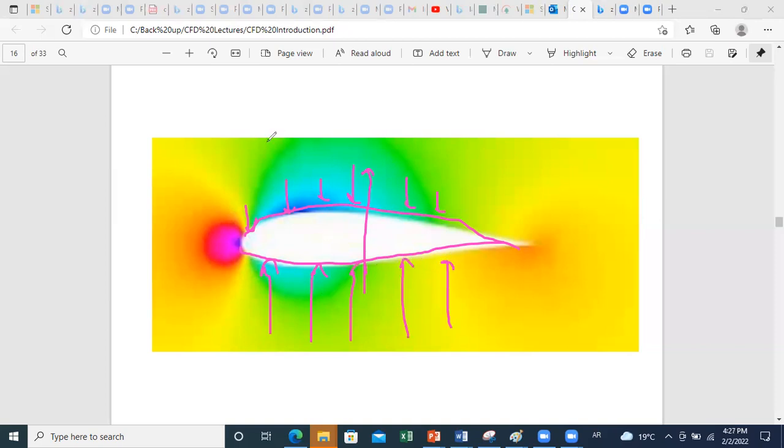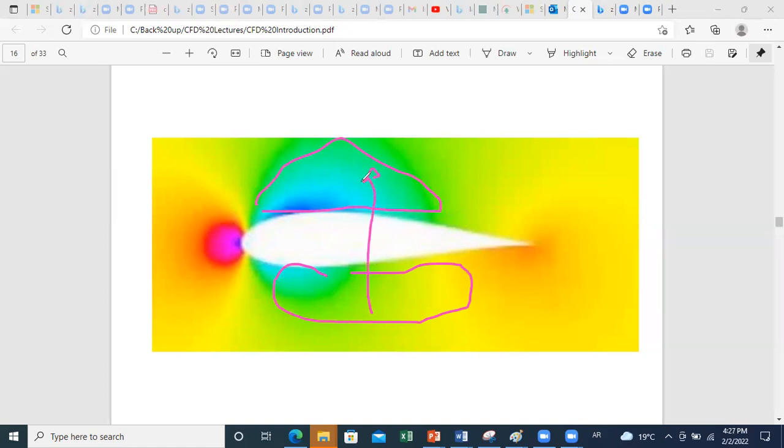This figure represents the variation of pressure. You can see that pressures at this level are larger than pressure here, which is good, because this will lead to an overall balance that is upward. Whereas if the shape were symmetrical, you would notice the profile on the upper part is different from the profile on the lower part.